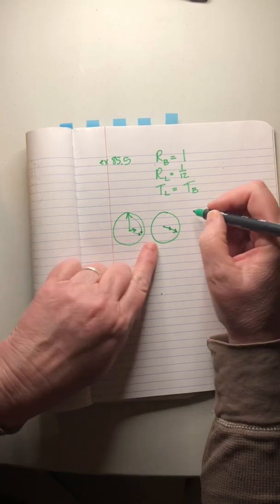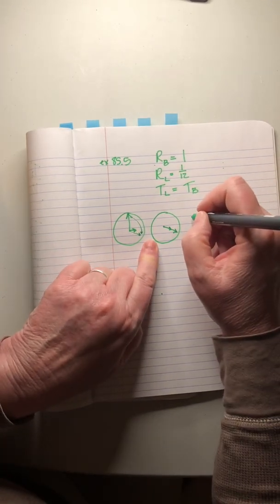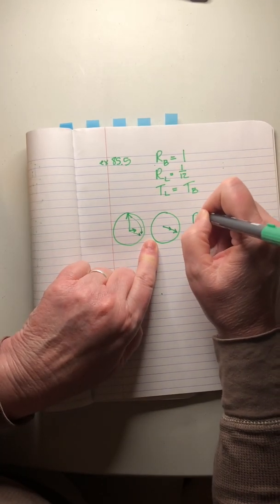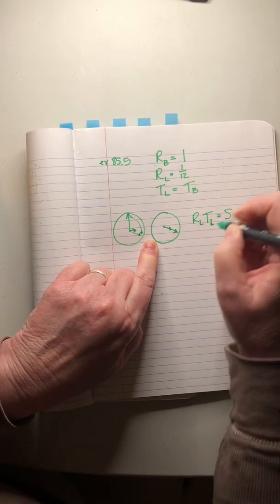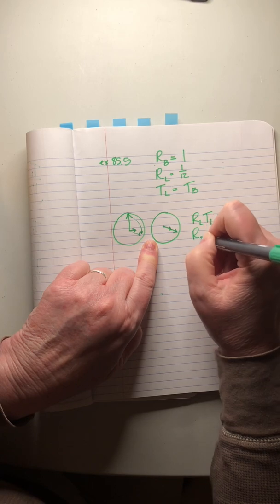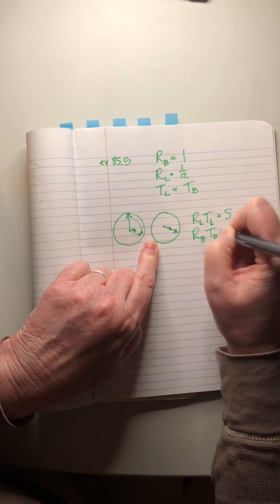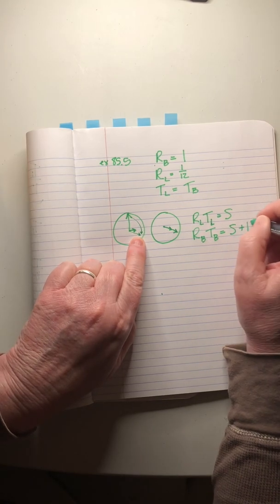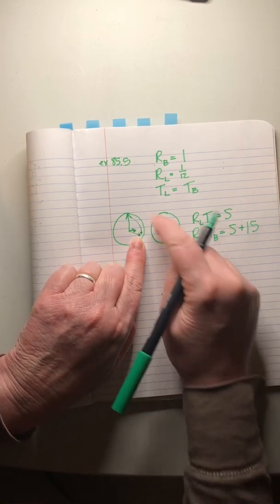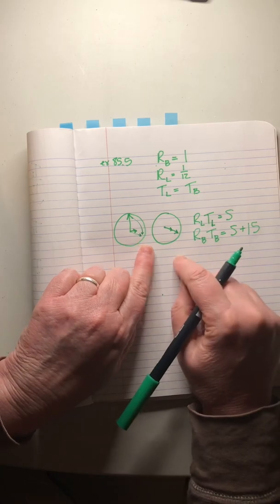Okay, so we always start by saying that the rate of the little hand times the time of the little hand equals a certain number of spaces, and then the rate of the big one times the time of the big one equals spaces plus 15 in this case, right? Because we need it to be pointing in the same direction.